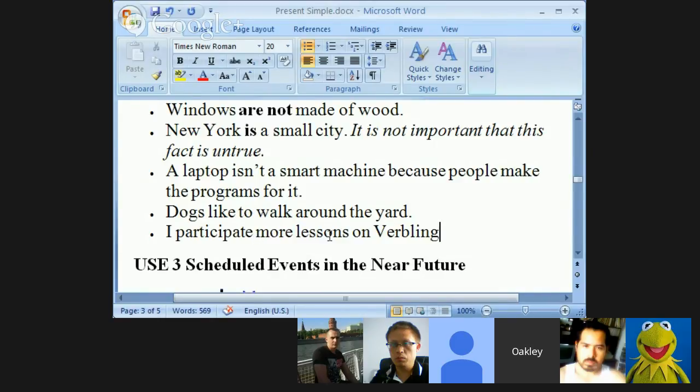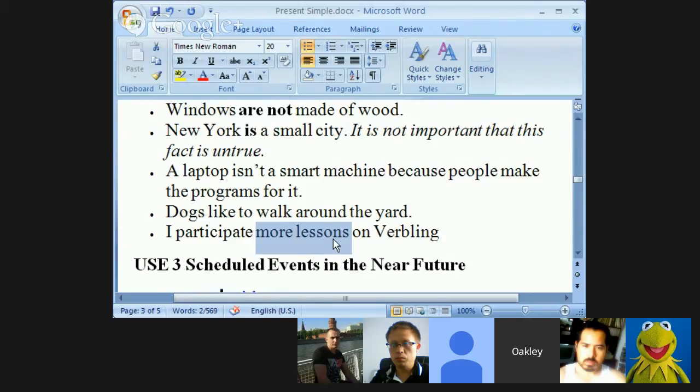My sentence is wrong. It might be, because you have a comparison here. More than before, so that present simple might not work. This isn't a regular thing because something's changed. There's more than before.